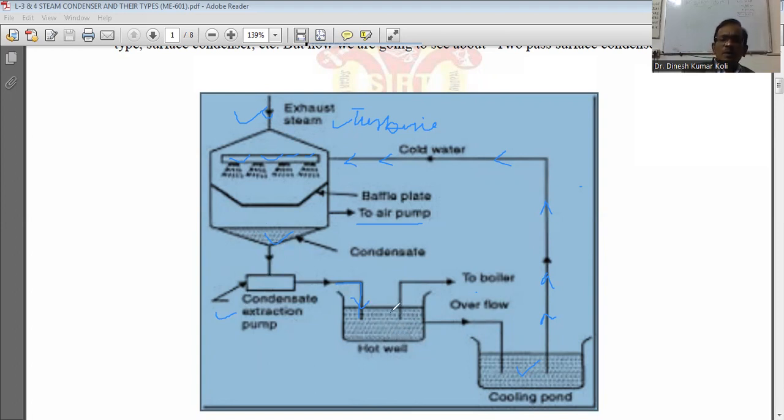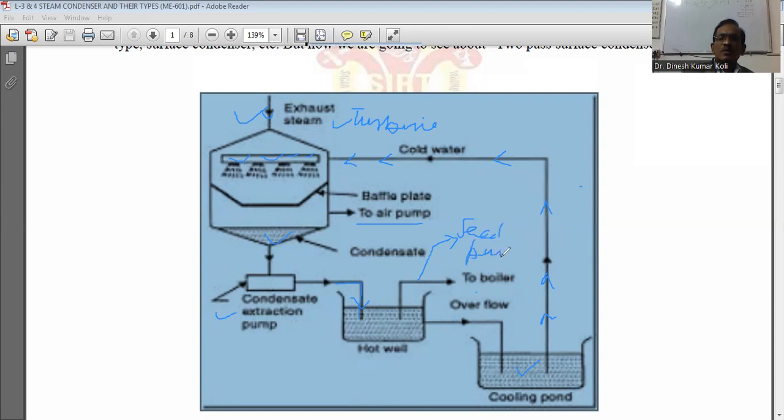Now from this hot well, with the help of the feed pump, not shown here, this water is resupplied to the boiler.